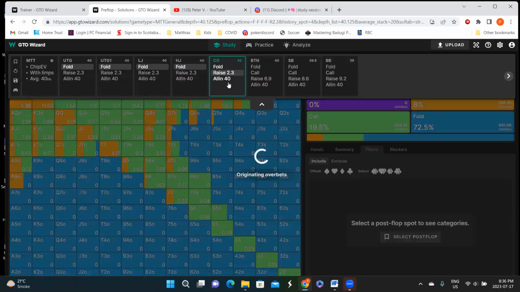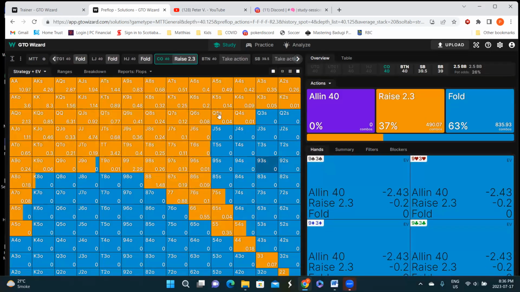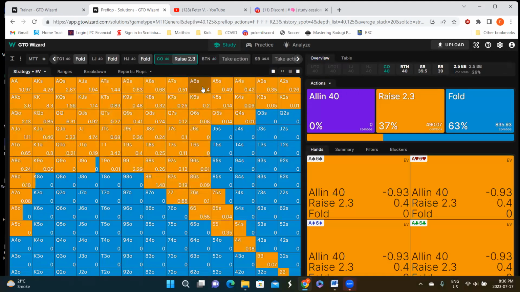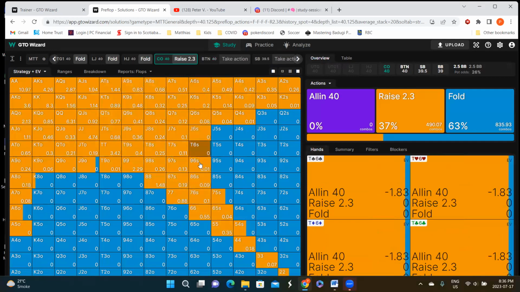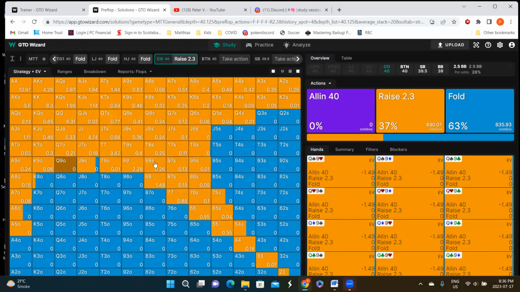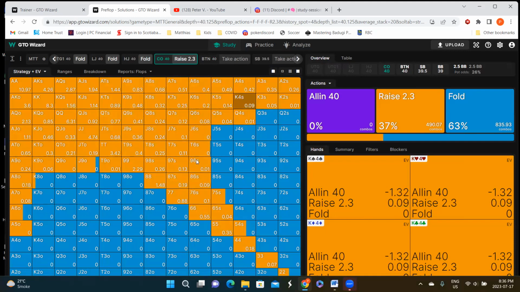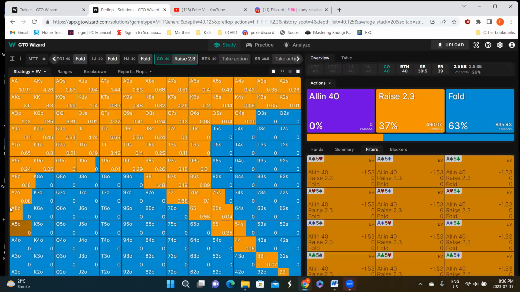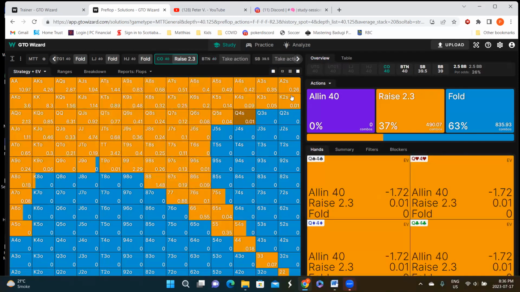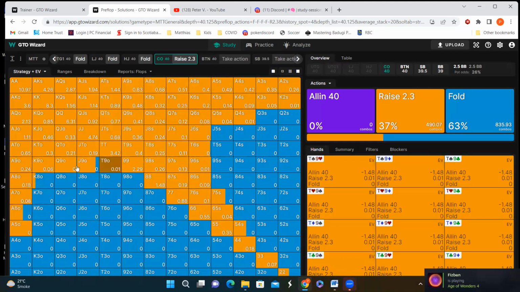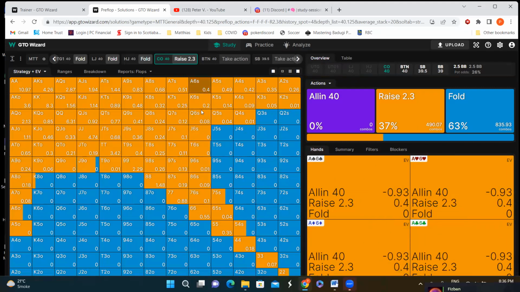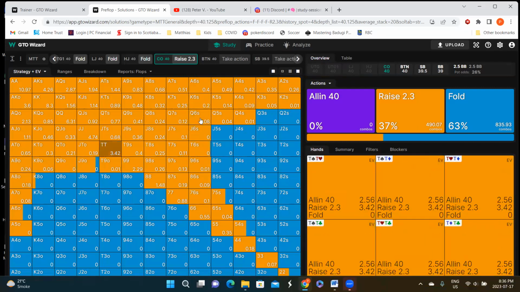Now, when we've been looking at range construction, we can see that sixes and nines are the range construction for the cutoff for what they're going to be playing. They're going to be playing a little more of this and a little more of this, right? They're suited connectors, their best suited hands, and their best offsuit hands. But the fundamental element of their construction is going to be this box of sixes and nines.